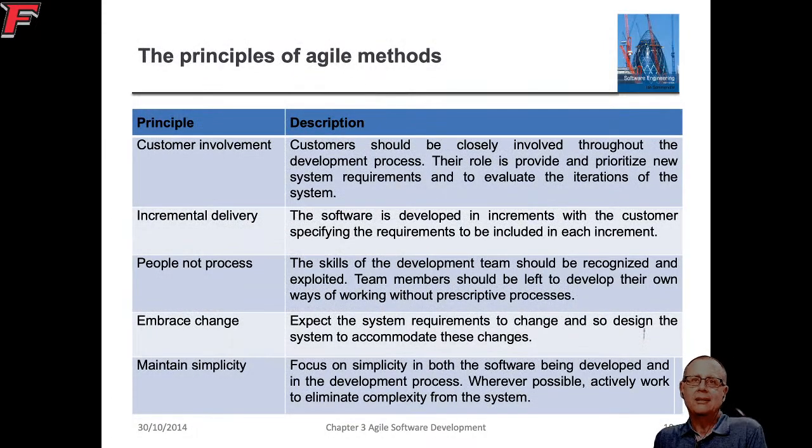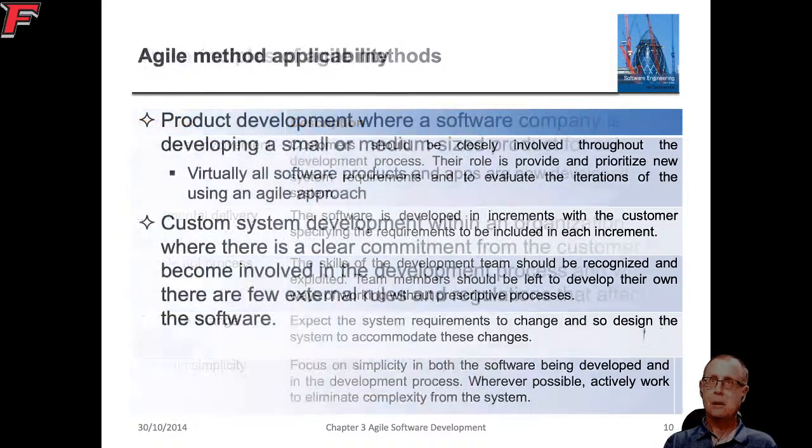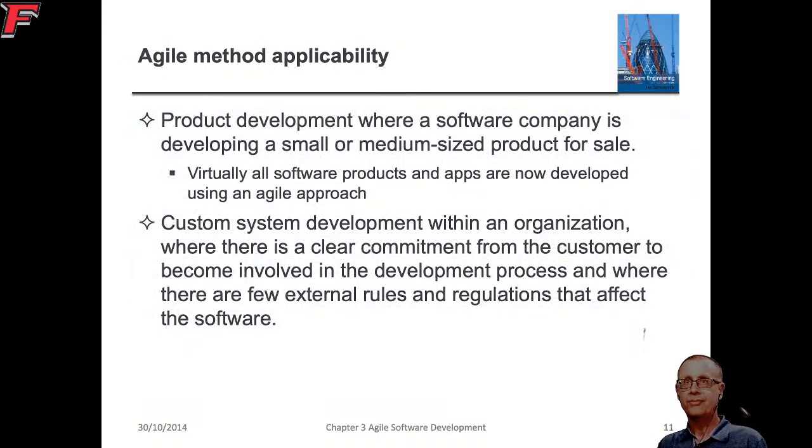Right, and there are some of the principles of Agile methods, and I'm not going to read through them, you can read through them. And what is this saying? Custom system development within an organization, yeah, you can apply Agile methods.